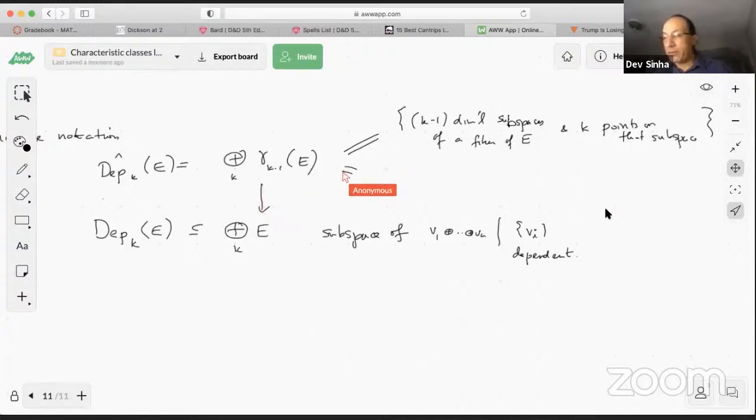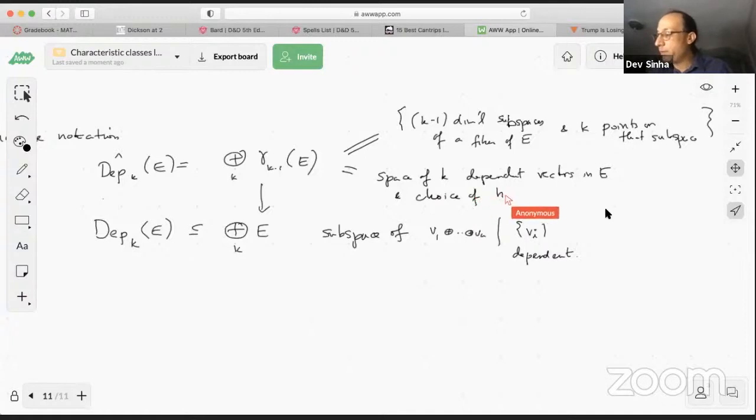The other way I want to think about this, by the way, this is more conceptual, but it's the space of k dependent vectors in E and a witness and a choice of how they're dependent through that k-1 dimensional subspace.